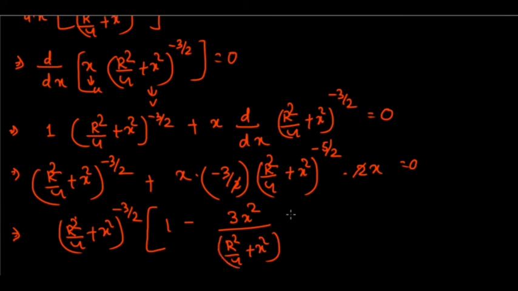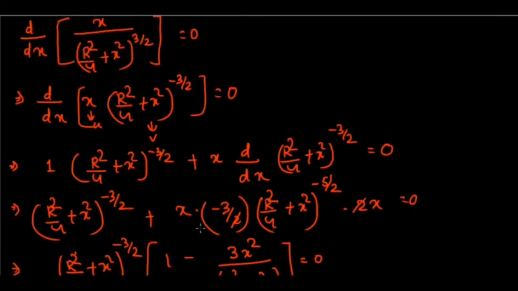Is that clear? If you take (r²/4 + x²) to the power minus 3/2 common, you will get (r²/4 + x²) to the power minus 1 in the second term. So you can solve this on your own.